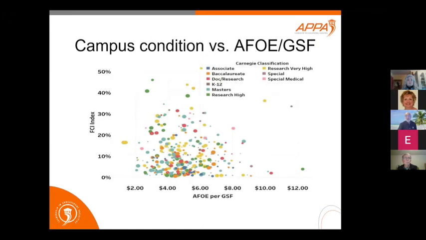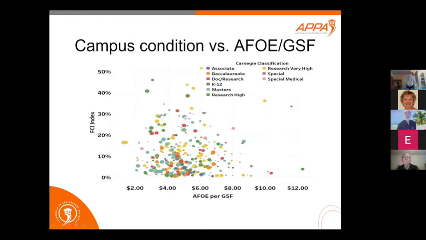Clearly, that's going to require a lot of money input, but maybe we can show that if we lower our facility condition index, let's say from 0.3 or 30%, in general, we will spend less per square foot to operate and maintain the campus than we would if we had a facility condition index that was a lot higher.